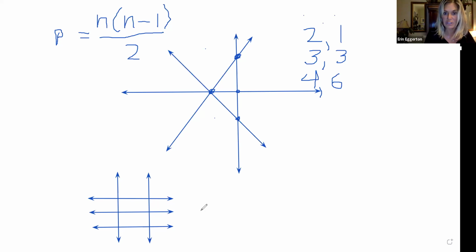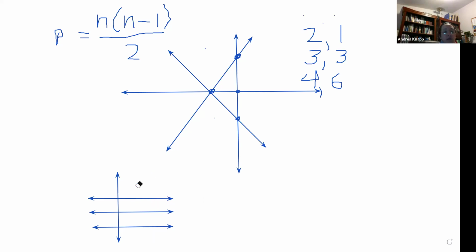Wait, what are you asking? No, I made a mistake there. So we're trying to figure out what's the greatest number of intersection points with 4 lines. So I shouldn't have drawn that one. Okay, that gives me 3 intersection points.